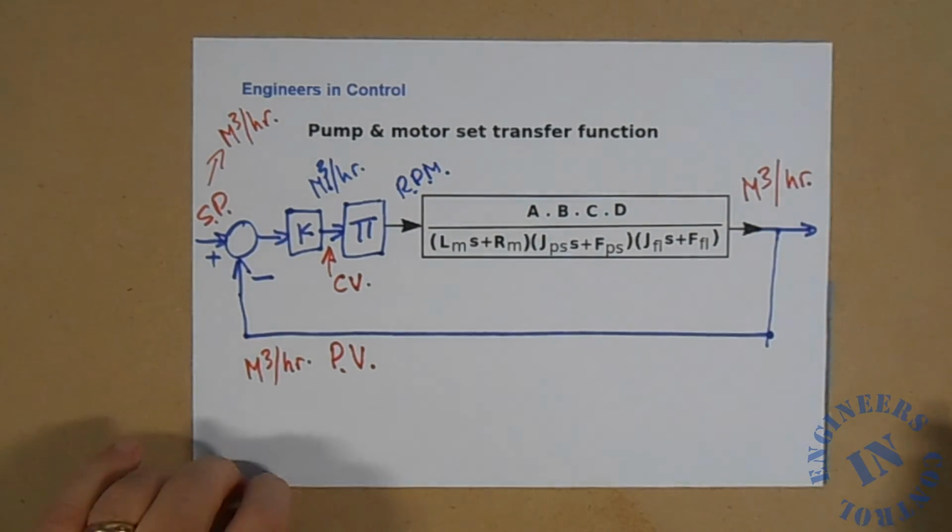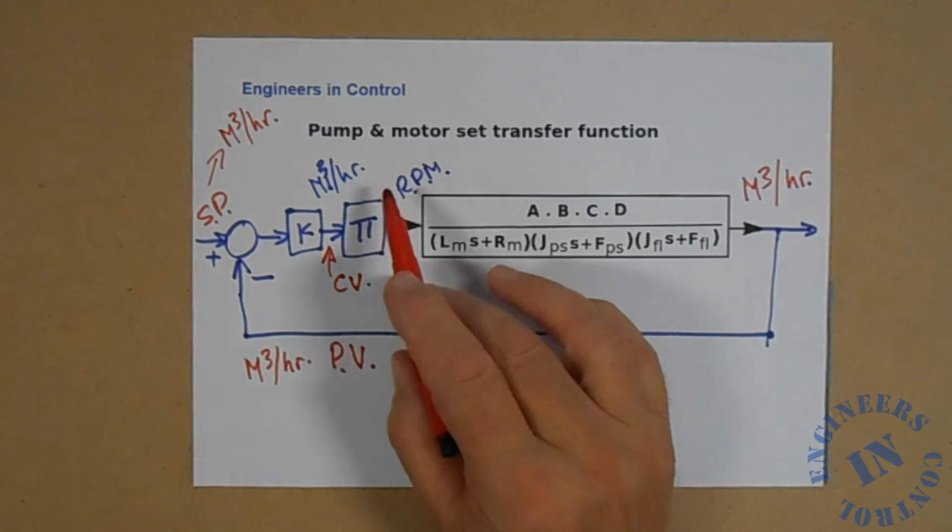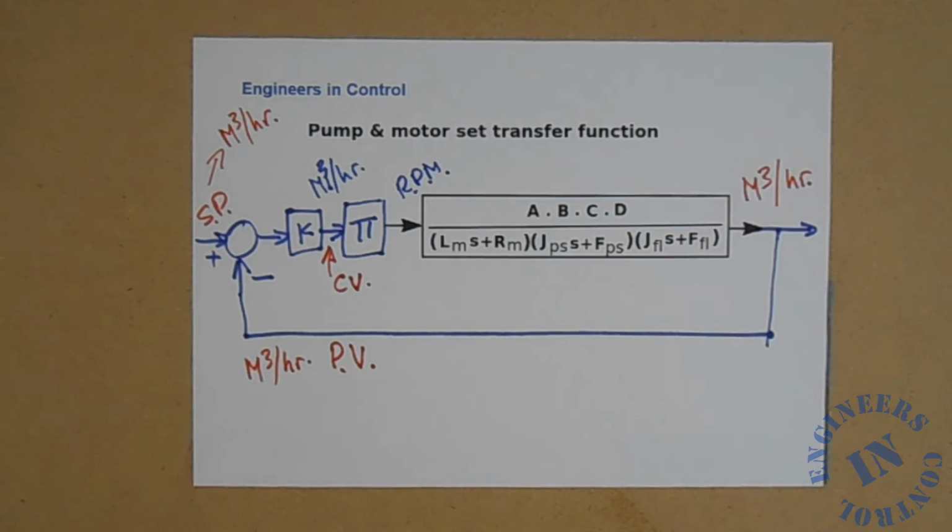So we have a nice consistent control loop. We're manipulating the RPM of the motor, of course, for the pump motor, but we're actually controlling the water fluid flow rate. And that is our first feedback control loop.